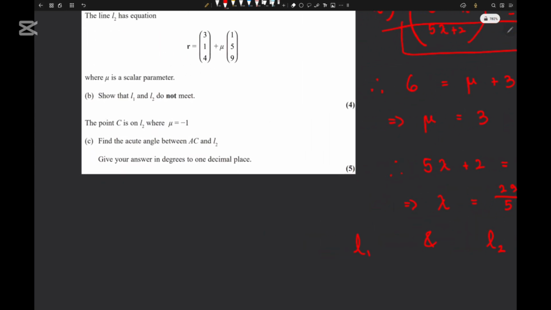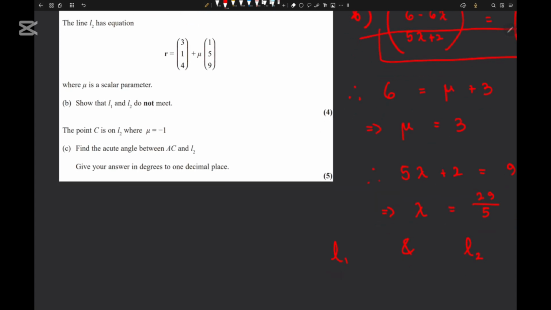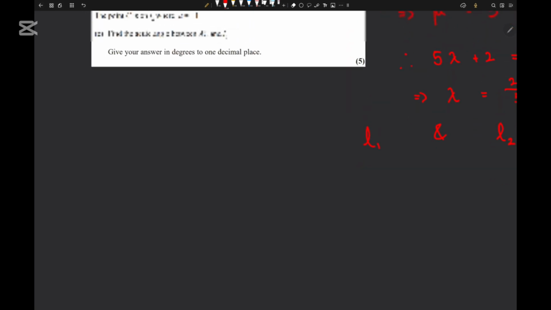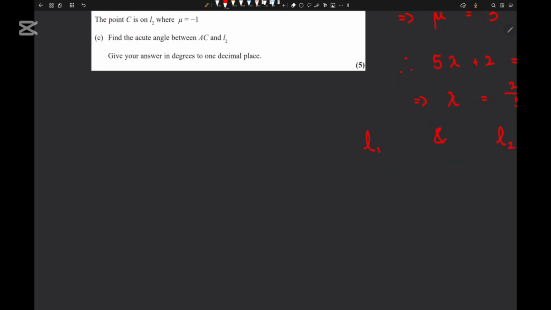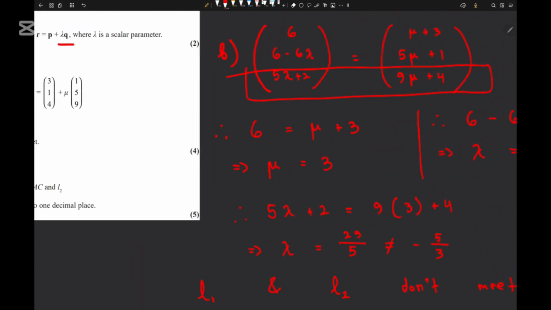Now for the next part, the point C lies on L2 where mu equals 1. So when the value of mu is 1, that is where the position vector of C lies. So we can say that when mu equals 1, the value of r is, oh wait, let me just calculate this.